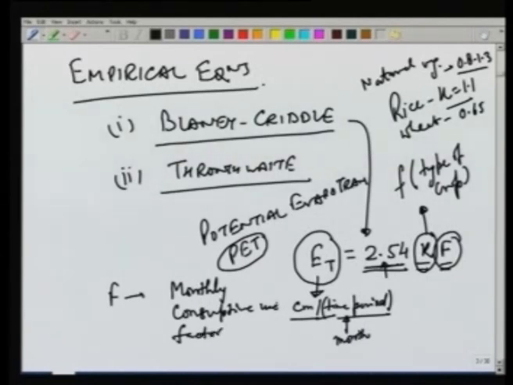Consumptive use, as we have seen, is also another name for evapotranspiration, and when we sum the monthly consumptive use factors for each month, then we will get the value of F, and the formula for F is given as summation of pH Tf bar over 100.